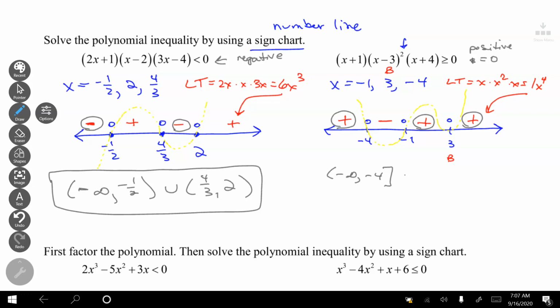And then I would maybe do something like this: negative 1 to 3, union 3 to infinity. But it doesn't really make sense. These are connected together with brackets, so I can get rid of all this and just do negative 1 to infinity. And that would make anywhere on this interval, any number I would pick here, I would get a positive result or 0.